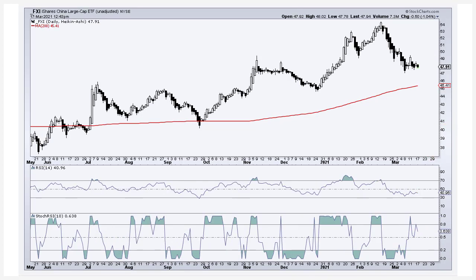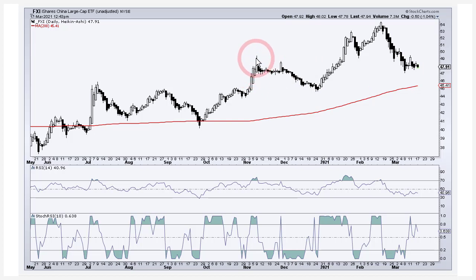Now, I was looking at the Chinese-related ETFs, and I noticed they all pretty much have the same pattern working here. And this is FXI, the China Large Cap ETF. And, you know, it had this big move up from late December to a new high there in mid-February, and then came down pretty hard. But it does look like a correction within a bigger uptrend.